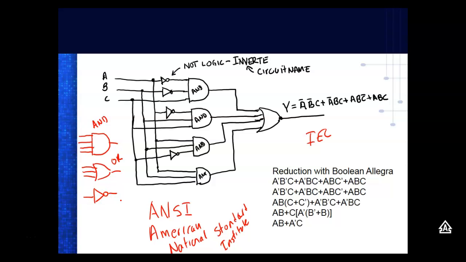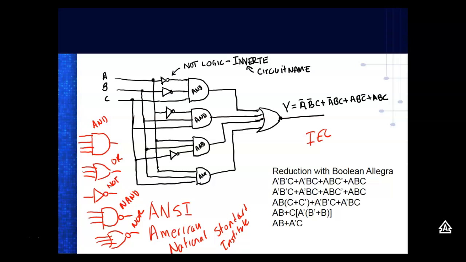Some people call it an inverter, by the way, but in logic, it does what we call NOT logic. So this is saying if the input is true, the output's false, right? This is a symbol for a NAND. And then this right here is a symbol for a NOR. And that's your 5 basic logic.